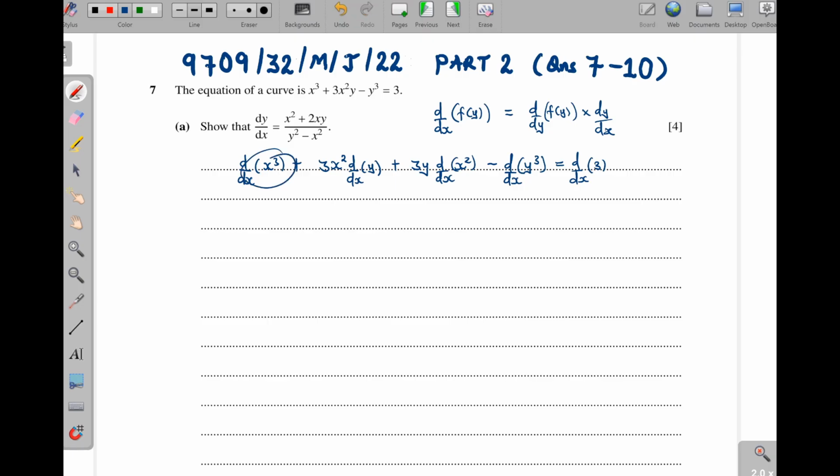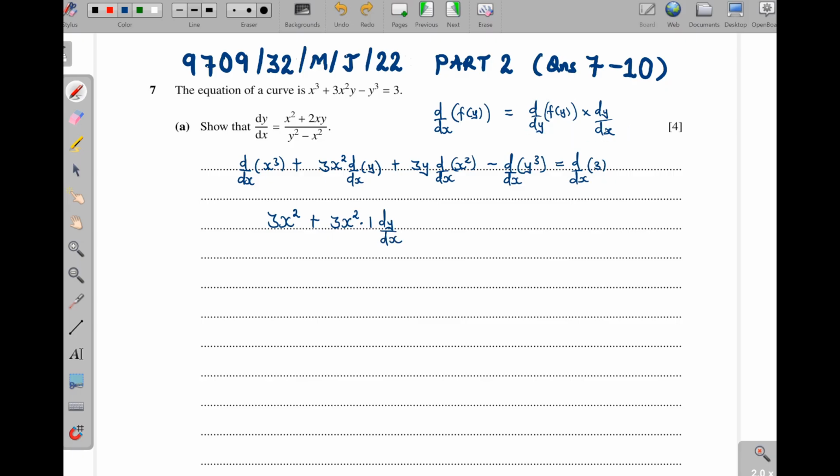So when you differentiate here, what do we get? We get 3x squared, then plus here we shall get, of course, 3x squared, but then times, when you differentiate y with respect to y, you get a 1, but then you will multiply by dy dx, like I said here.